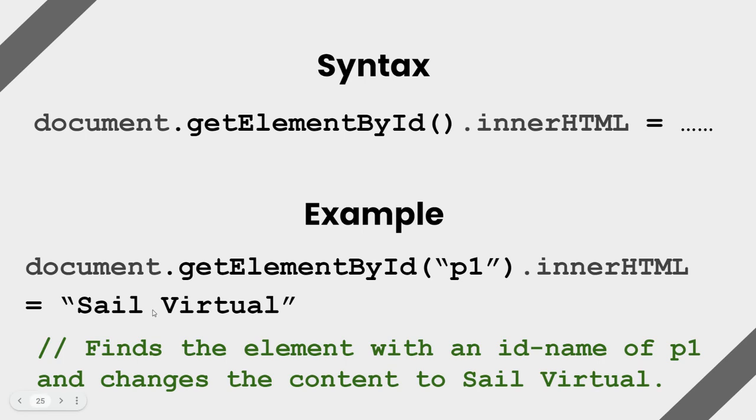So what this particular statement will do is that it's going to find elements with an ID name of P1, and it will change the content of that element to sale virtual.